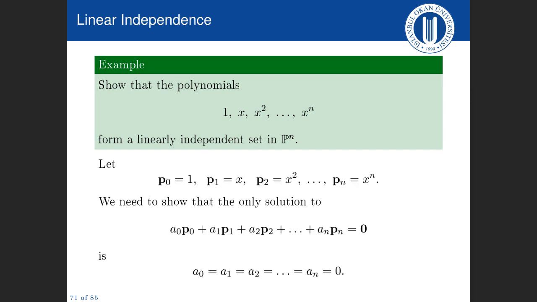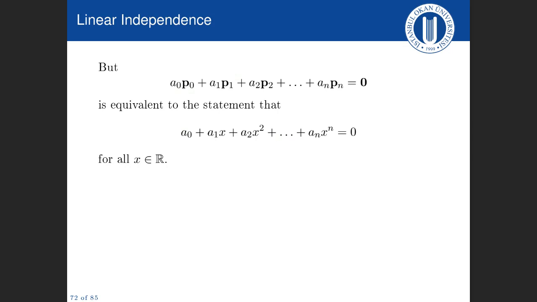Let's name these. Let's call the first one p0, the second one p1, the third one p2, etc. We need to show that the only solution to a0 p0 plus a1 p1 plus dot dot dot plus an pn equal to 0 is the trivial solution. That's the same as the equation a0 plus a1 x plus a2 x squared plus dot dot dot plus an x to the n is equal to 0 for all x in the real numbers.